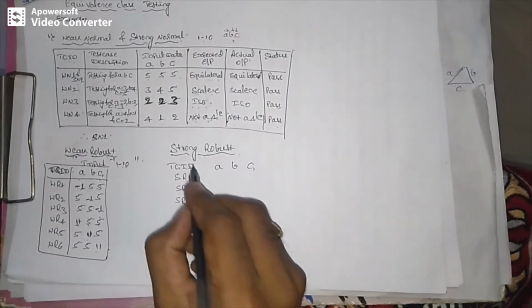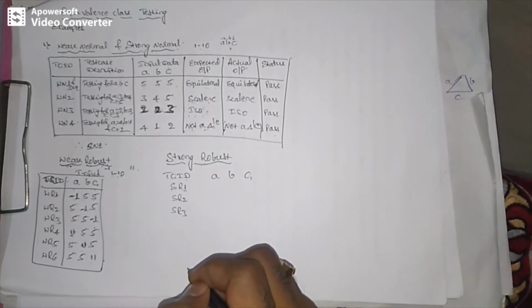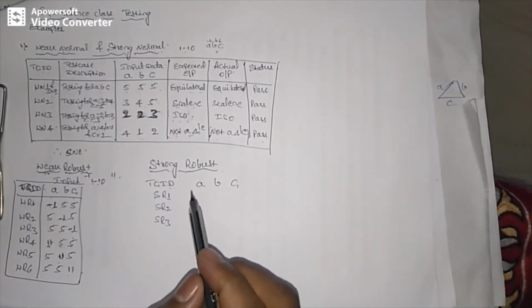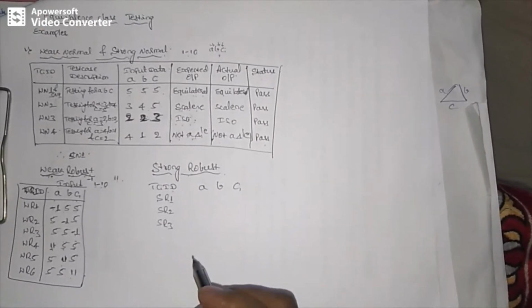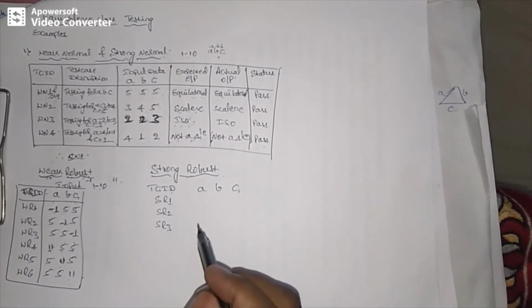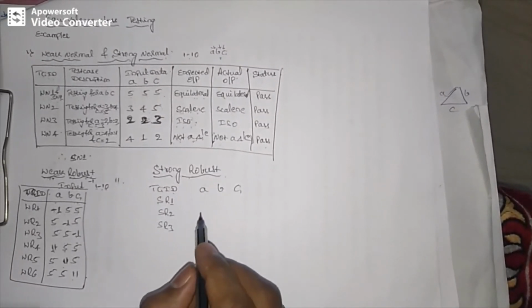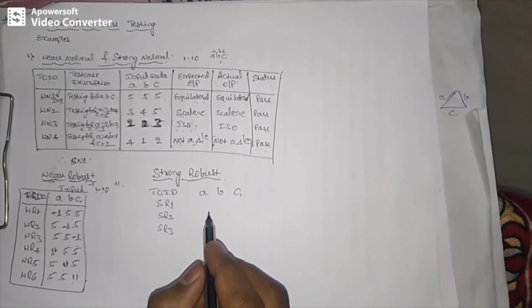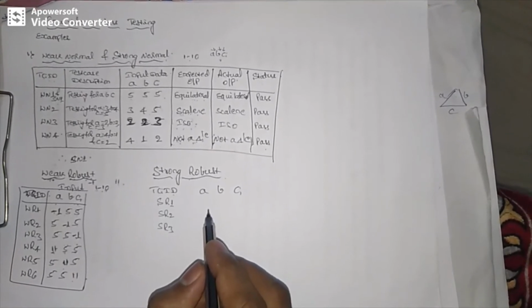Under the strong robust, point number 1 we have to remember: first input should be a single fault assumption and then followed by multiple fault assumptions. You need to specify the test cases in such a way that first all the test cases should be single fault assumption, then followed by the multiple fault assumption.